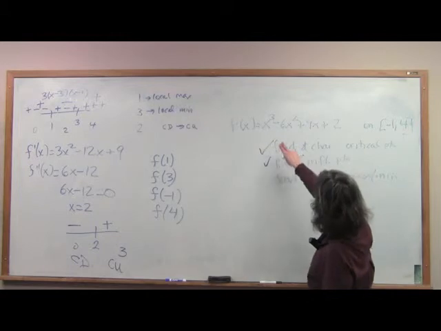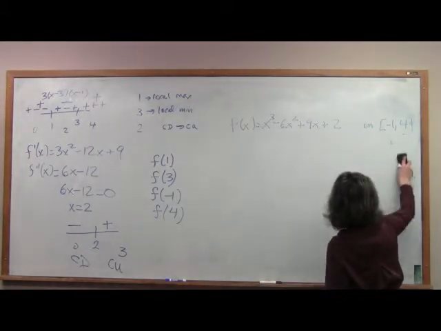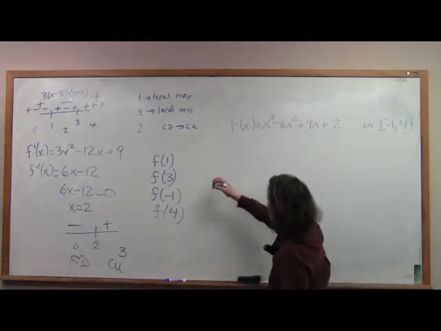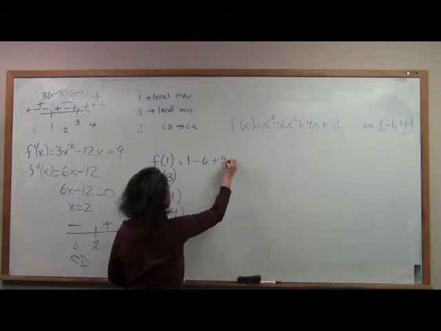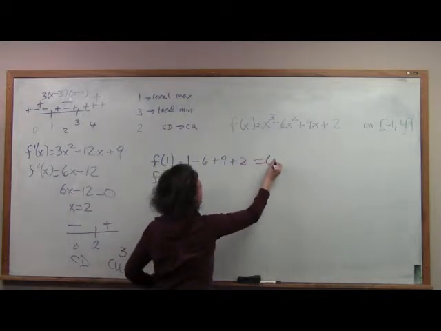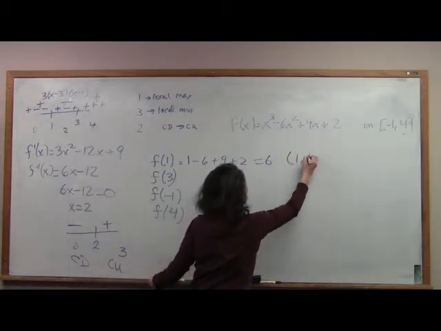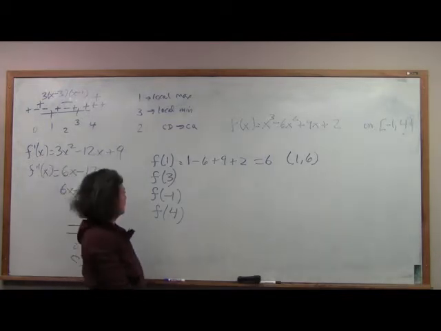So if I plug 1 into my function, what comes out? Well, what do I have? 1 minus 6 plus 9 plus 2. So negative 5 plus 9 is 4 plus 2 is 6. So I know that the ordered pair (1, 6) lives on my graph.